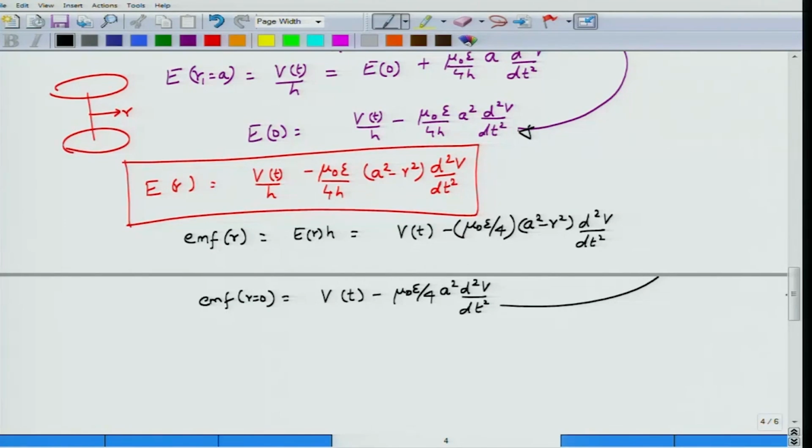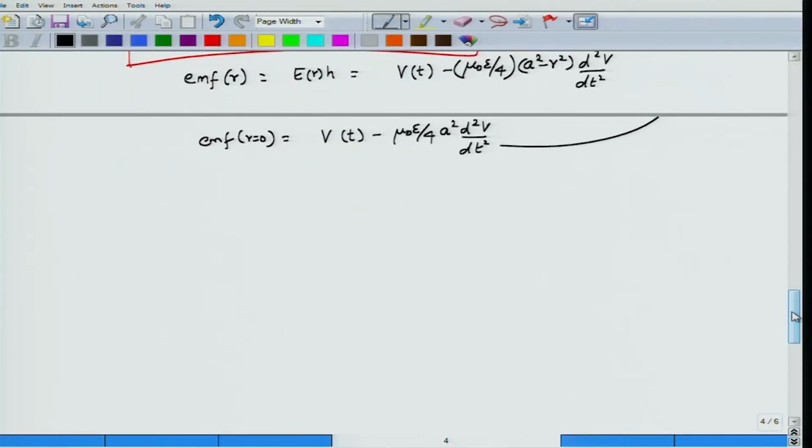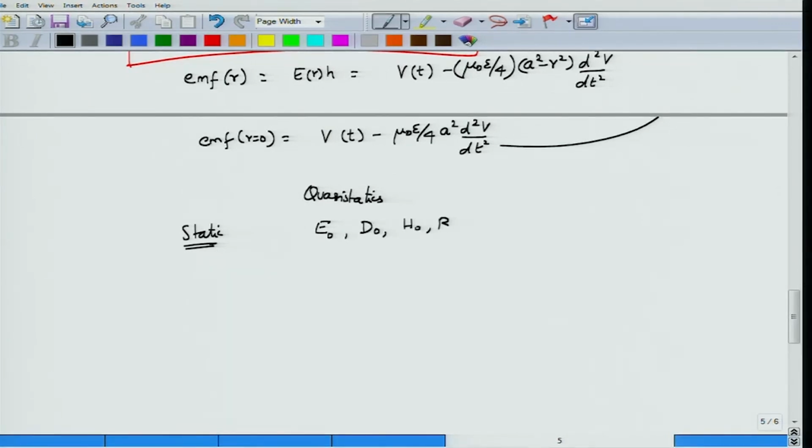The results of what we have done so far can be summarized like this. Quasi-statics basically involves assuming that everything is static, and finding out E0, D0, H0 and B0.